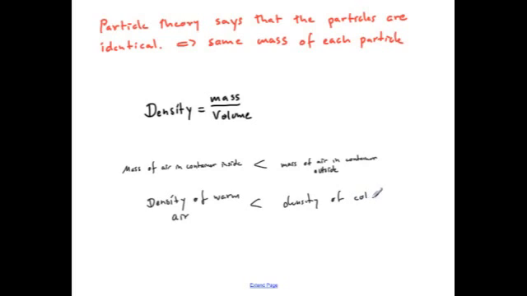And as we know, for example, if you have a look at sunflower oil and water, sunflower oil has a lower density than water, and therefore sunflower oil floats on top of water. So that must mean that if the hotter air is less dense, it also floats on top of the cold air.